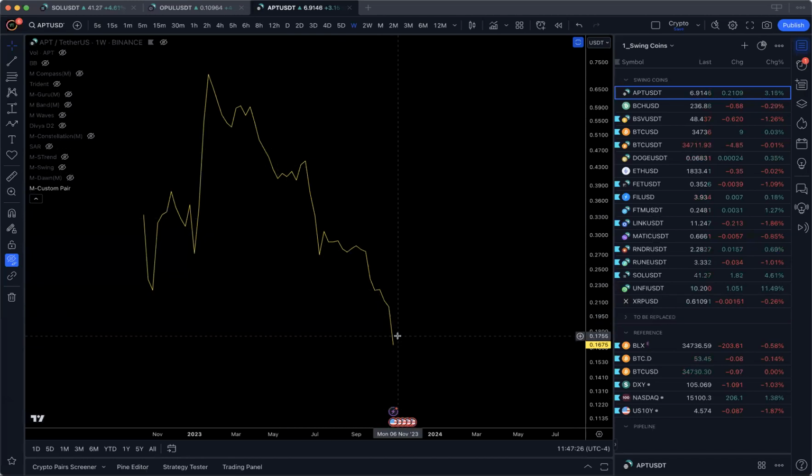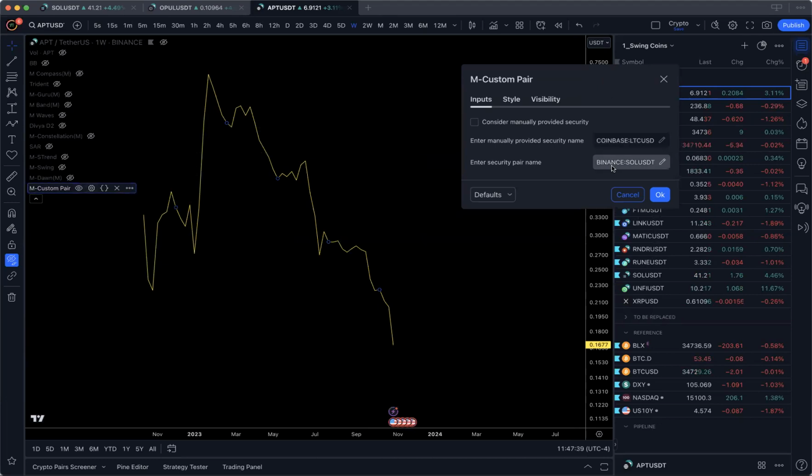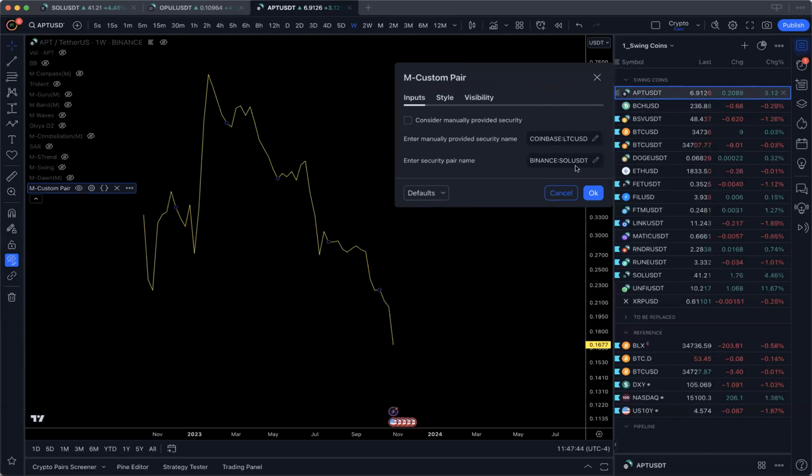So basically, this indicator can be used to compare any coin with any coin. You can select any coin here, and then you just give the pair over here, and you will get the chart. In this case, right now it's APT with respect to SOL.